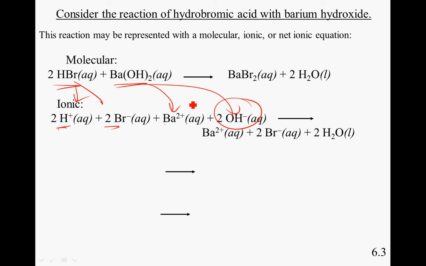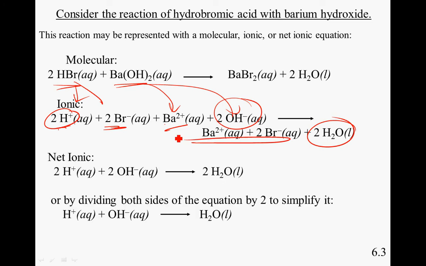So the OH and the H are coming together to form the water. And then the Ba and the Br are still there floating around. The positive of one compound is coming together with the negative of the other compound. We see that then the hydrogen of the acid comes together with the hydroxide of the base to produce water.